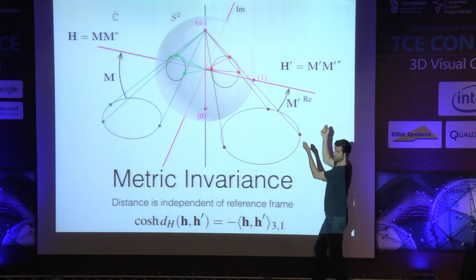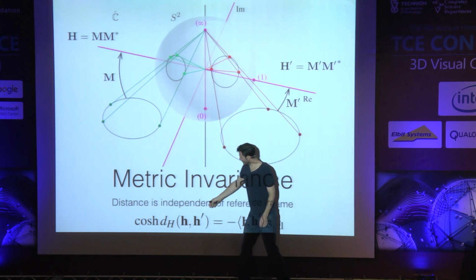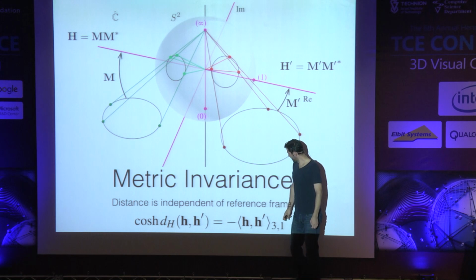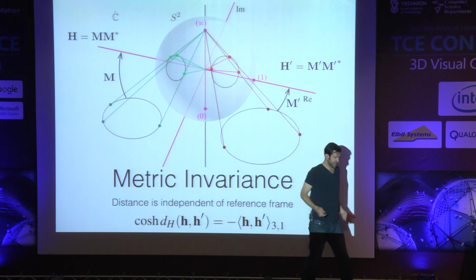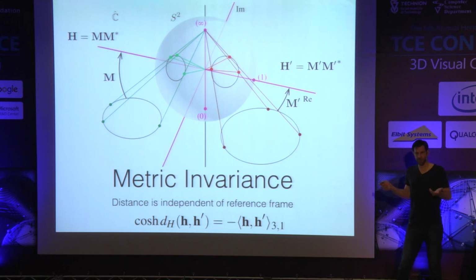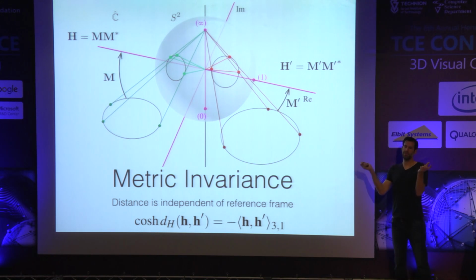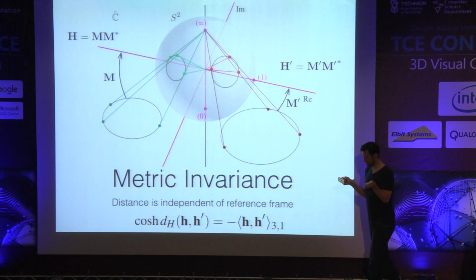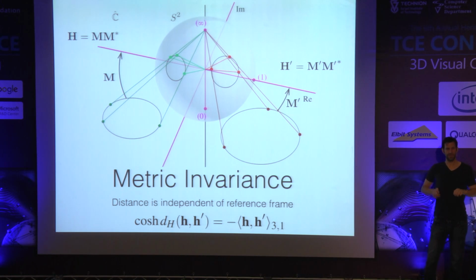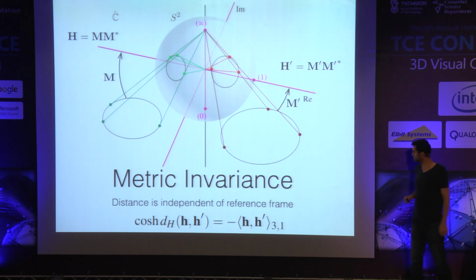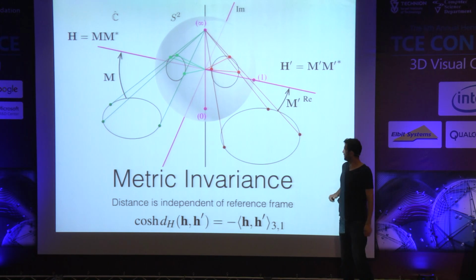And now if I take these 2 vectors H and take their Minkowski inner product, then I still get the same deformation, right? So I can measure deformation of 2 frames, and my measurement of deformation is independent of my reference frame. So this was basically goal number 1.